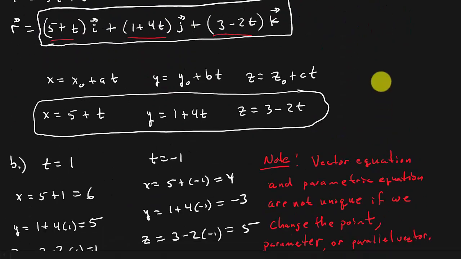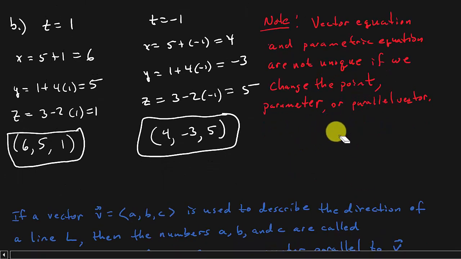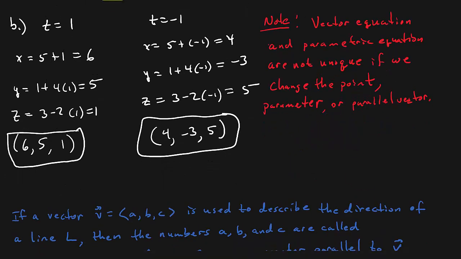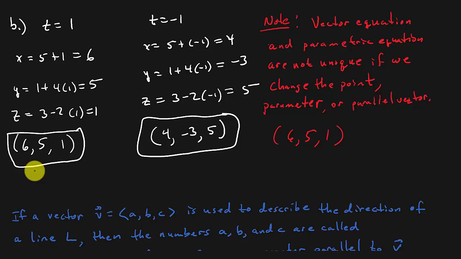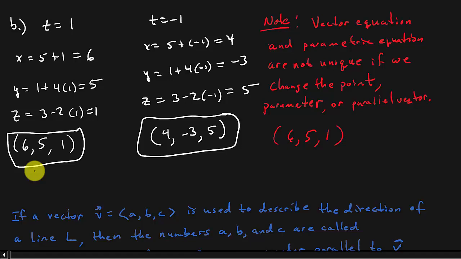We did do 5, 1, 3. But let's say instead we use the point 6, 5, 1. We use this point because we know that point's on the line, right? So if we chose that point instead, we would get different parametric equations. Okay, so I just wanted you to be aware of that. All right.